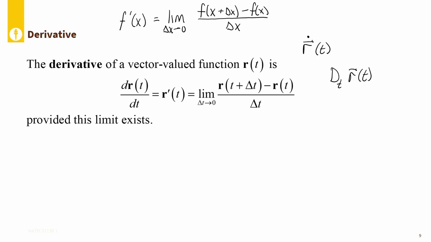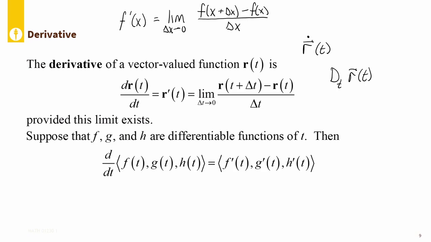And then as already mentioned, that's just the limit. We know how to find the limit of a vector valued function. So when we actually go to compute derivatives of vector functions, it's just the derivative of each component. Oh, but what was each component of a vector valued function again?